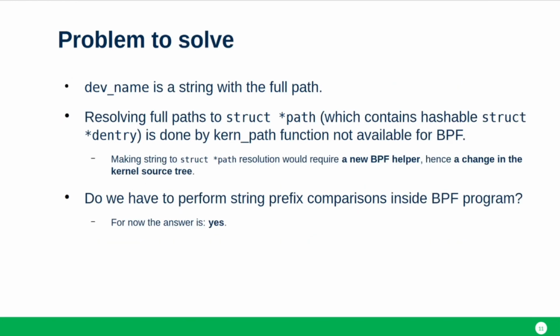But since we receive only a string, we need to do string comparison operations. So what I'm trying to do right now is to define a default list of allowed directories for which we can mount, and in that BPF program check prefixes.